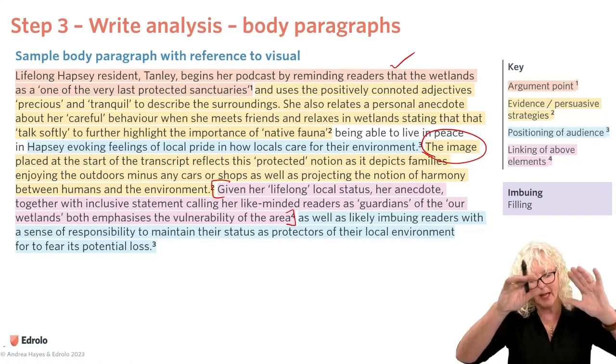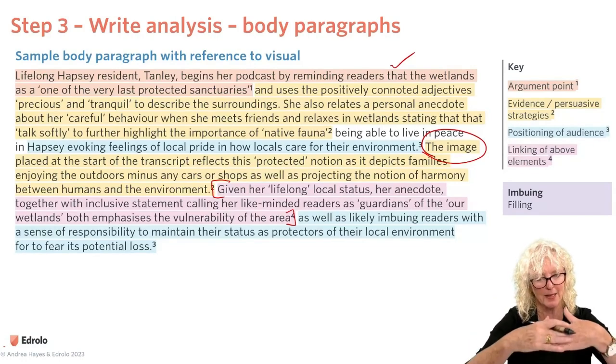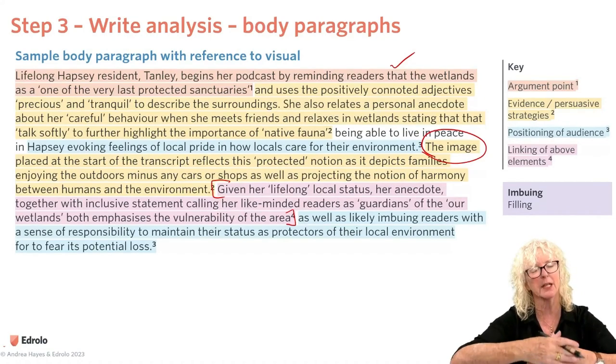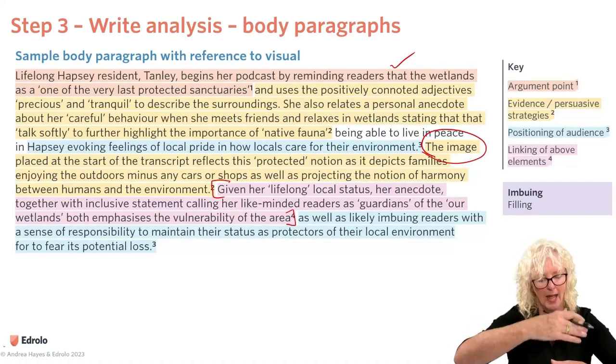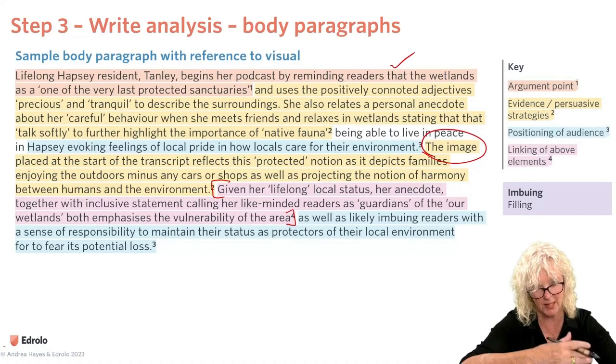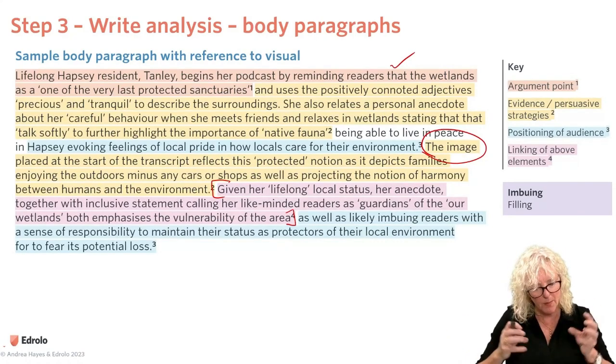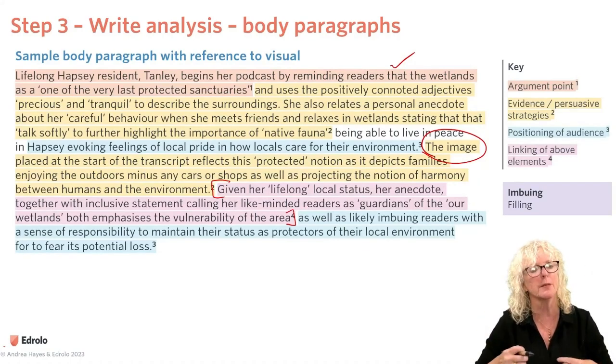So it's a paragraph that has an argument point. It includes some persuasive strategies. Then it goes further and talks about how these strategies that have been used are then worked together, combined to link to the audience impact.